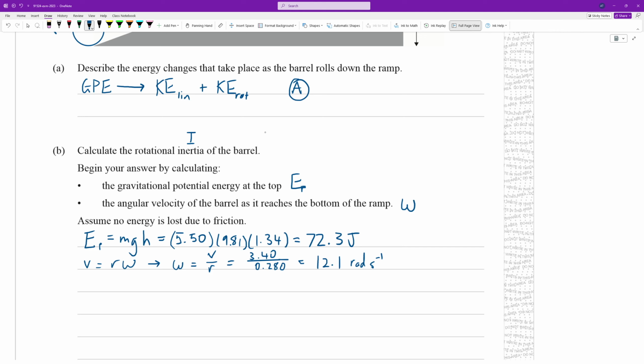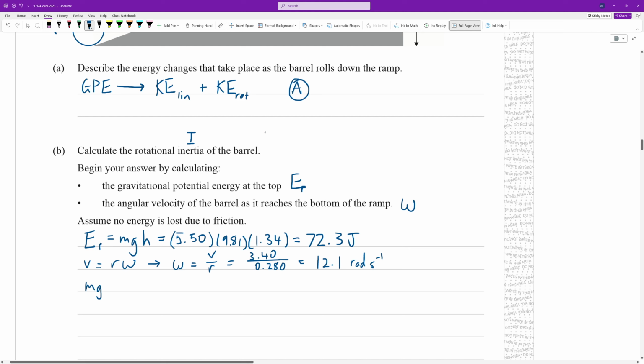Alright, what's next? Well, going back to part A, we know that potential energy converts into linear and rotational kinetic energy. So let's translate this into an equation with our known values and our unknown values.